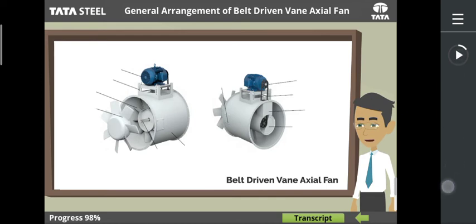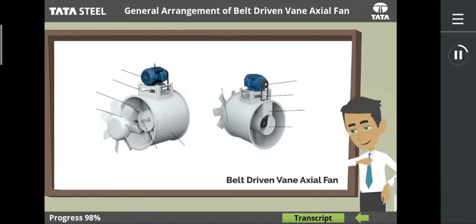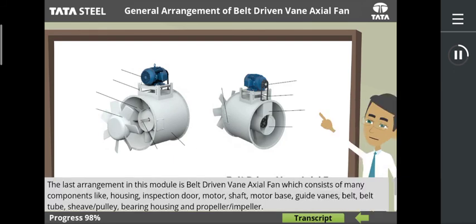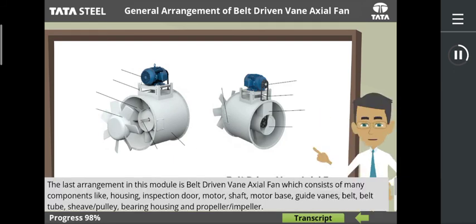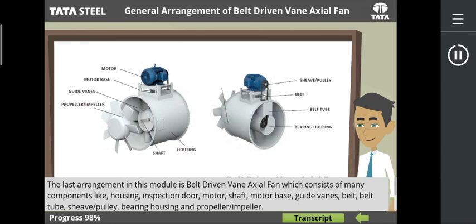The next arrangement in this module is belt-driven vane axial fan, which consists of many components like housing, inspection door, motor, shaft, motor base, guide vanes, belt, belt tube, sheave or pulley, bearing housing, and propeller or impeller.